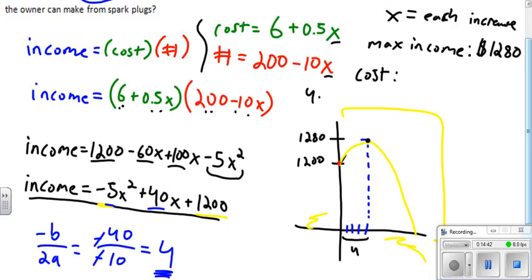So 4 times 50 cents is a $2 increase. $2 plus our original $6 price means that each one costs $8. So when he charges $8 for each spark plug, that's when he gets his maximum value. So that is a real life instance of using our quadratic functions to maximize profit.